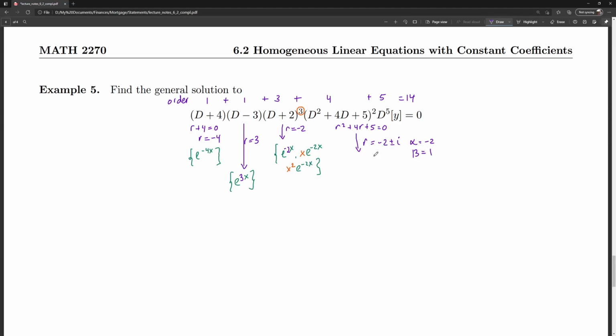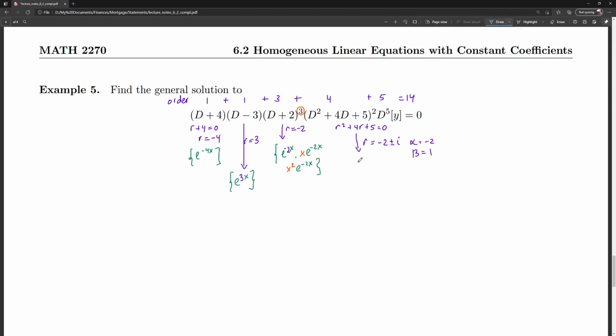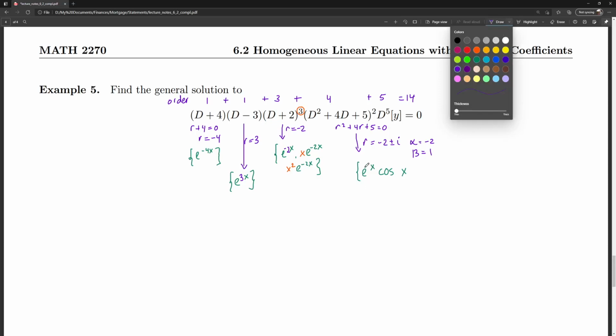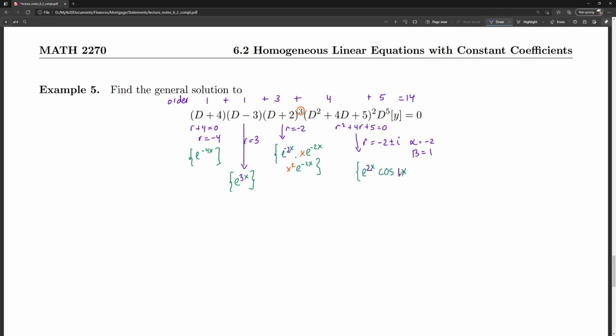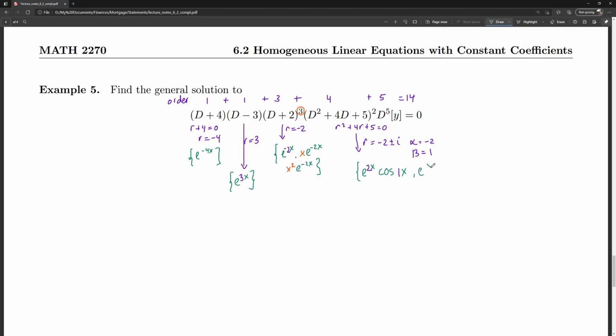So then our corresponding solutions in the general solution are e^(-2x) cosine 1x, that's the first part, and then the second one is e^(-2x) sine of 1x.